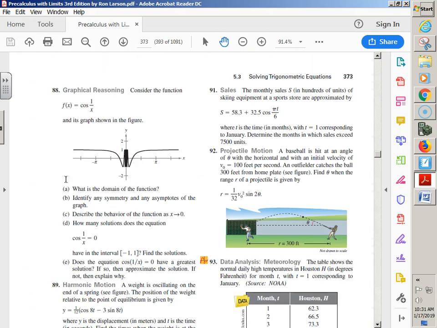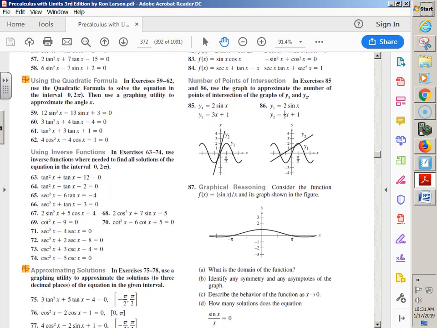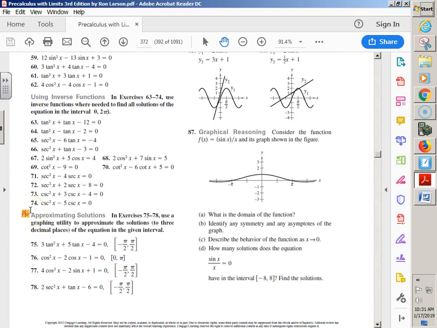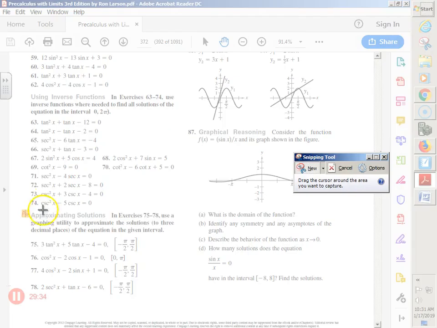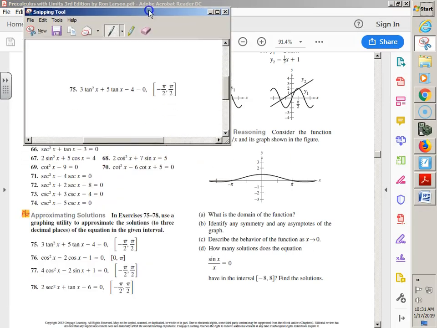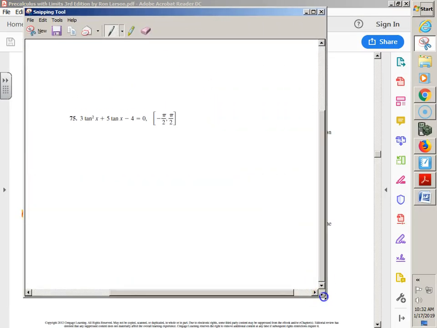Oh, down here. Oh, too far. Approximating solutions. This is a lot like what we just saw with the quadratic formula, right? Okay, you're going to have to use your graphing calculator at some point, so how do you use it? I'm going to jump to where we're solving after using the quadratic formula, since we just talked about that.